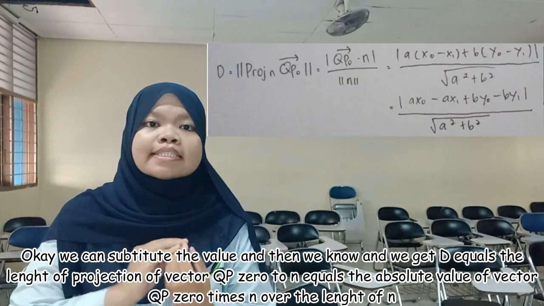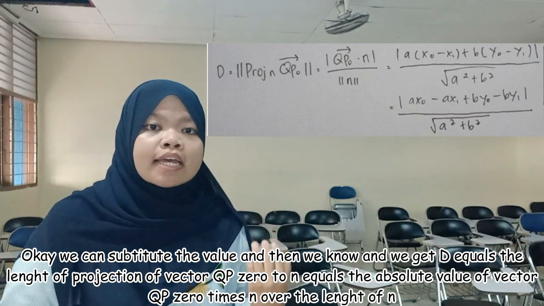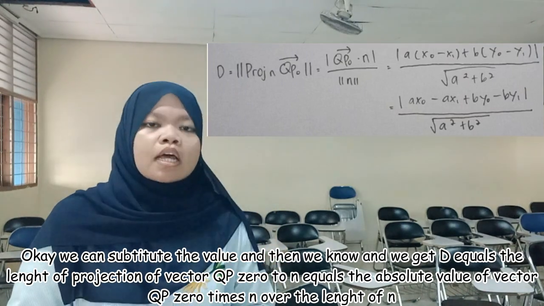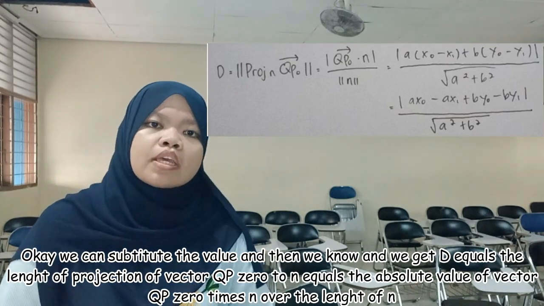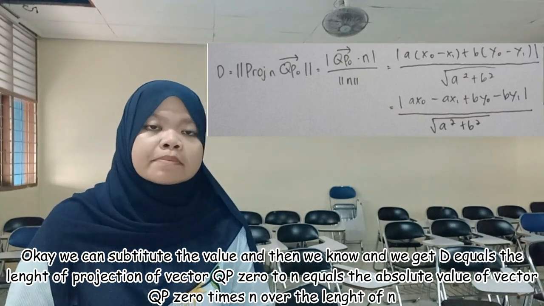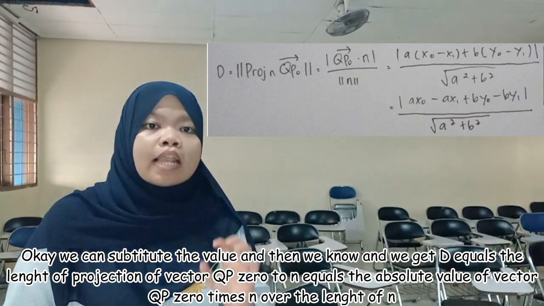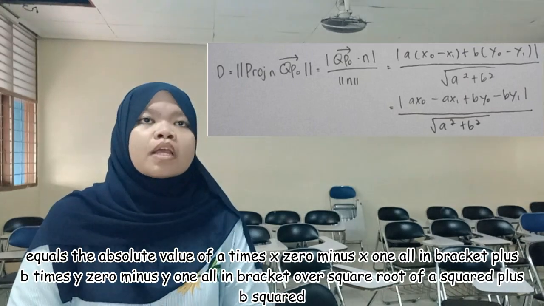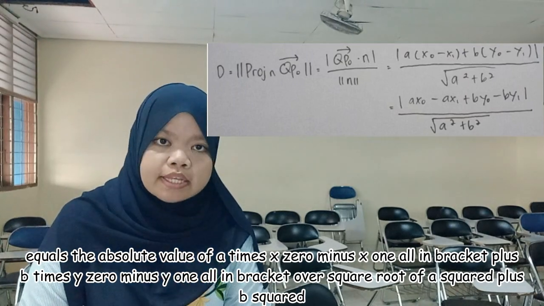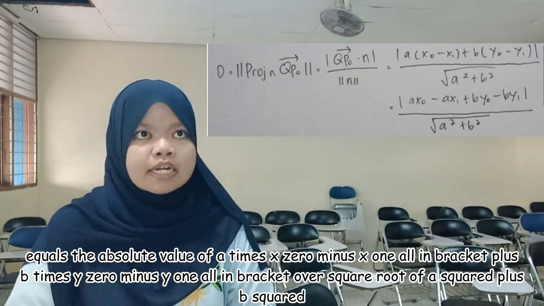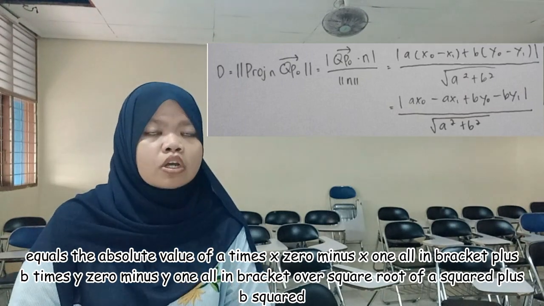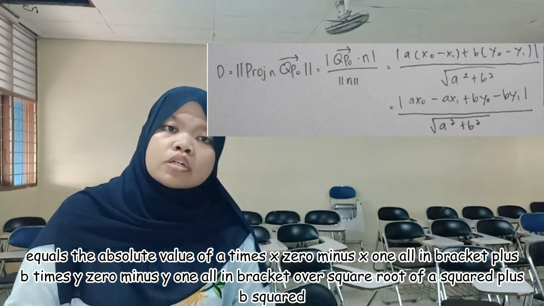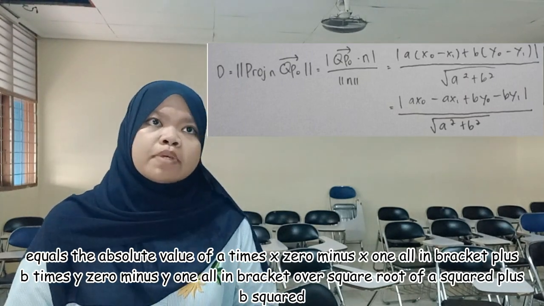d equals the length of projection of the vector QP0 to n, which equals the absolute value of QP0 dot n over the length of n. Then we can substitute all the values: the absolute value of a times (x0 minus x1) plus b times (y0 minus y1) over the square root of a squared plus b squared.